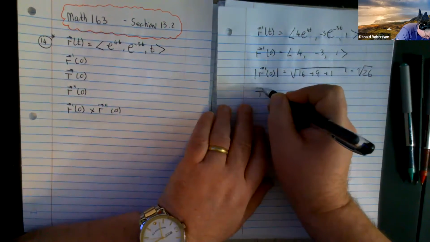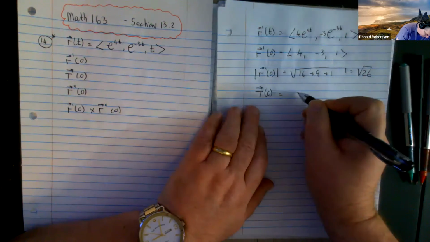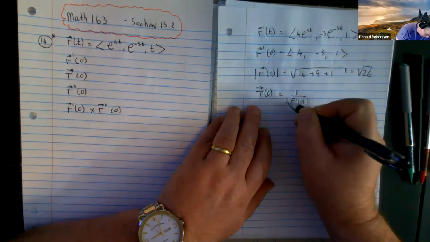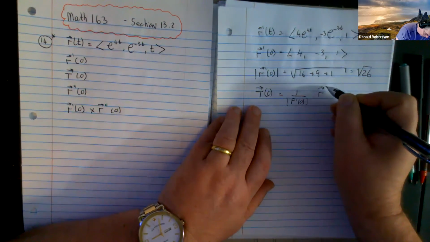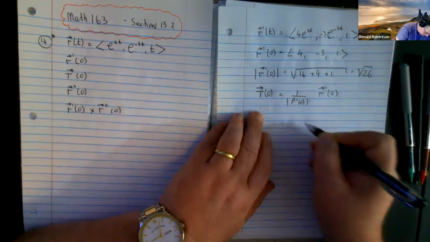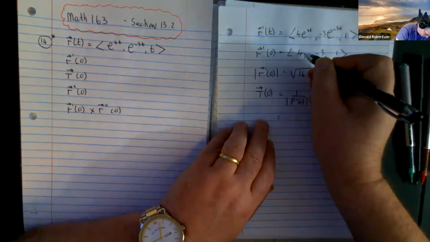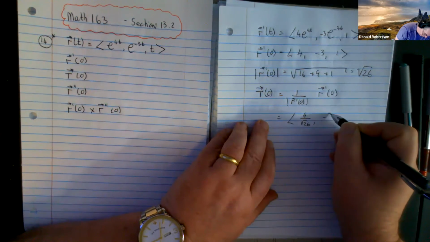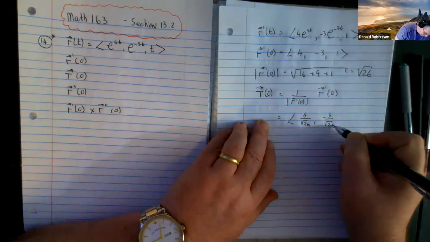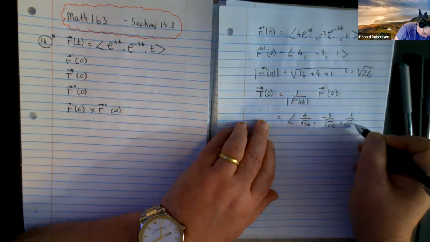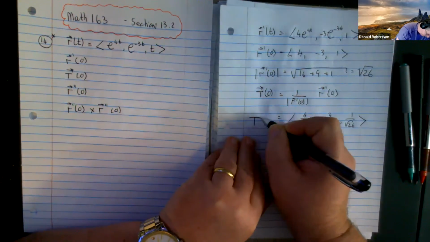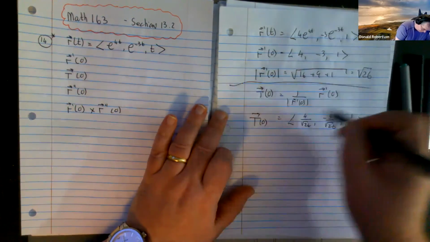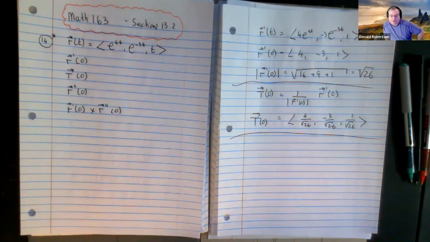And so the unit tangent vector is 1 over the magnitude of that vector times these guys. So it's 4 over the square root of 26, negative 3 over the square root of 26, and 1 over the square root of 26. So that's your unit tangent vector.